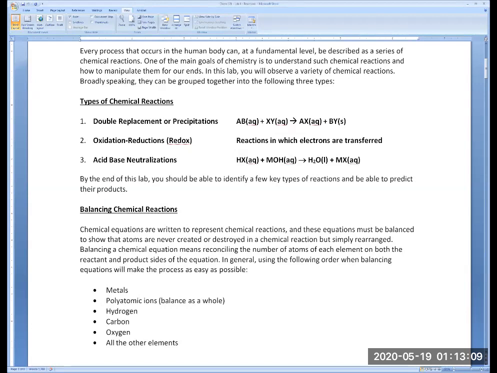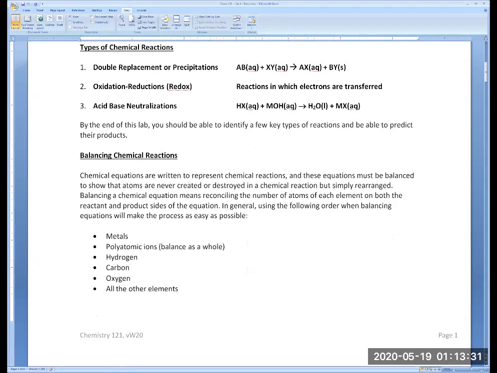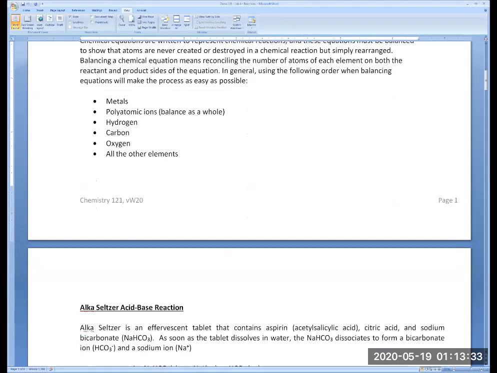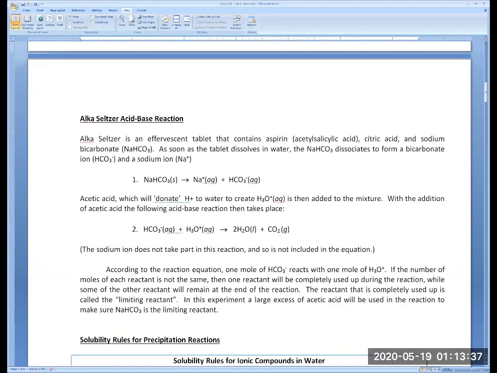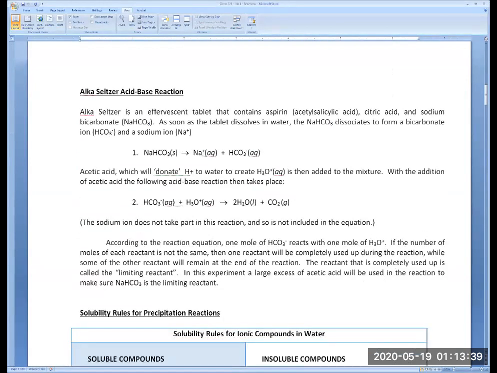And it will become a salt, MX, because M is the cation and X is the anion. And sometimes it's not aqueous, that MX can be a solid. So you see many combinations are possible. So here there is a text about balancing chemical equations, and I don't want to go over this. Alka-Seltzer, acid-base, we'll go over this afterwards.